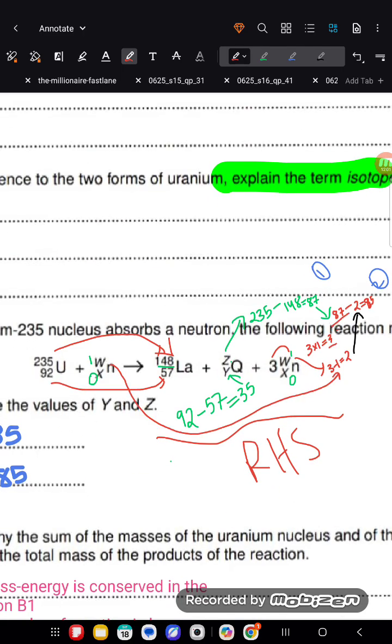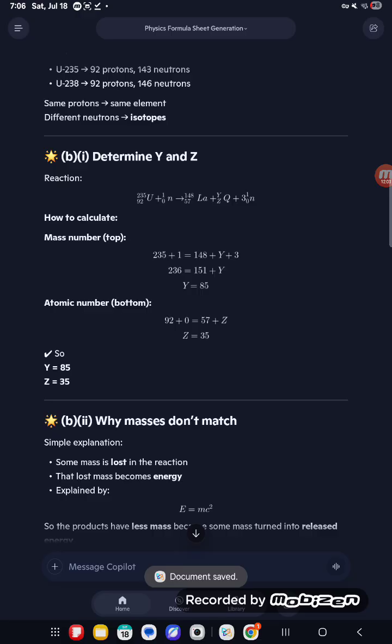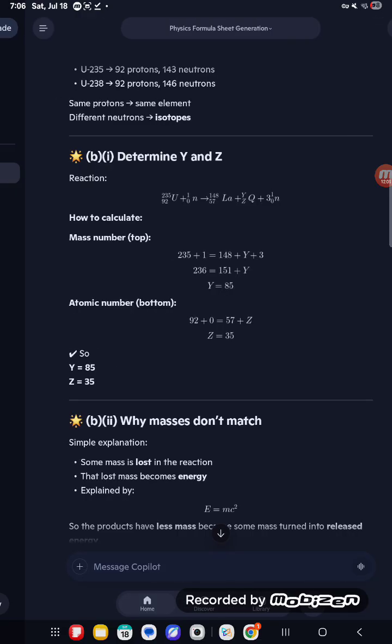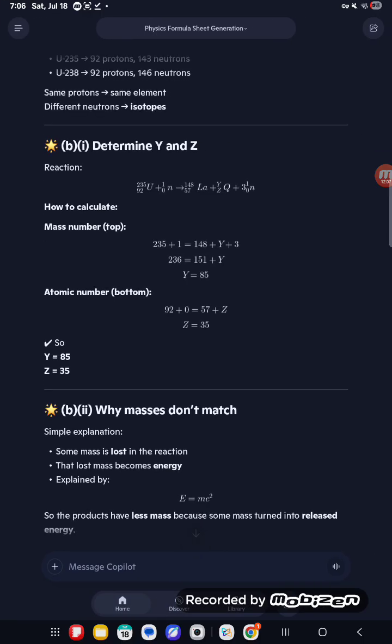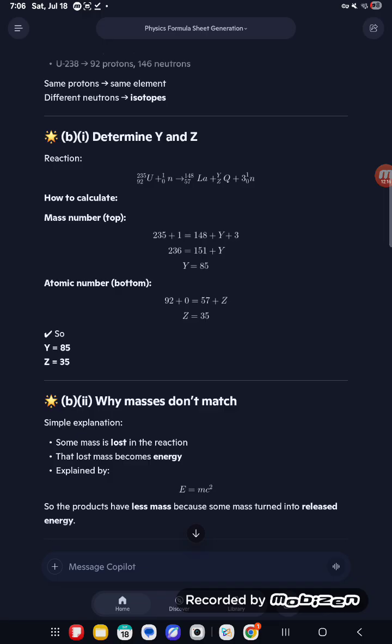Or else you can do it in this simple way. The upper number, this is 235 plus 1, and here 148, and this side it is 3 ones are 3, right? So 235 plus 1 is 236, and here 148 plus 3 is 151.